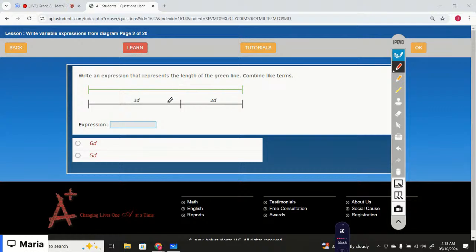The length of the green and black line is exactly equal, right? So the length of the black line is 2D plus 3D. So just add them. 3 plus 2 is 5D. Option number 2 is the correct option. Got it?